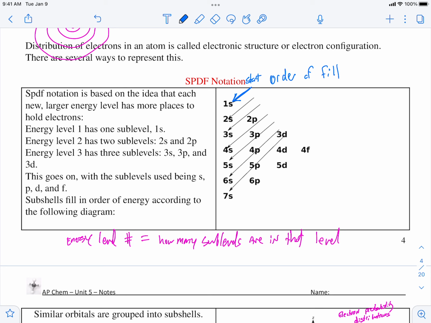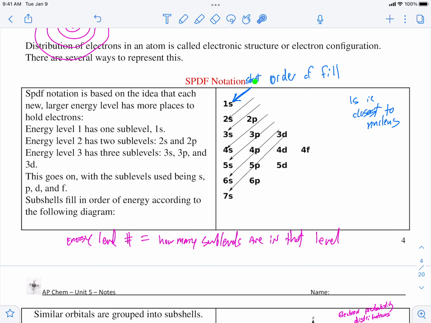What the order of fill represents is from lowest energy to highest energy, where the sublevels are in relation from the nucleus moving outward. So the 1s is closest to the nucleus.